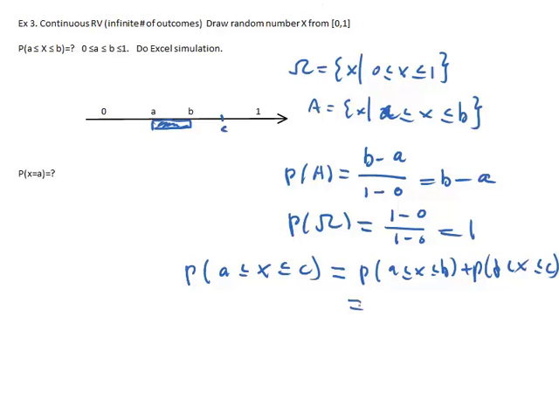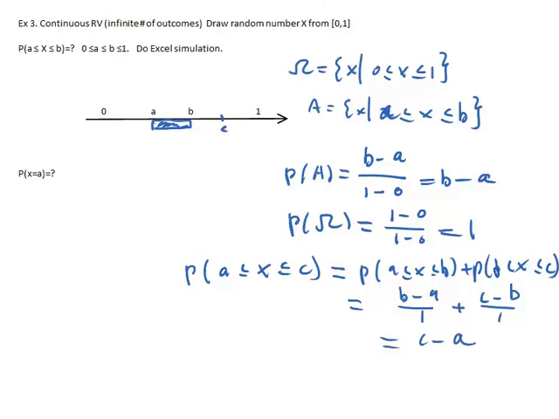Each part is b minus a divided by 1, plus c minus b divided by 1, which is c minus a. You can see the total formula still holds, and we satisfy the three conditions of probability.